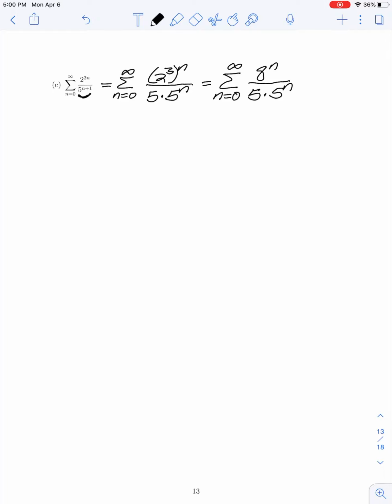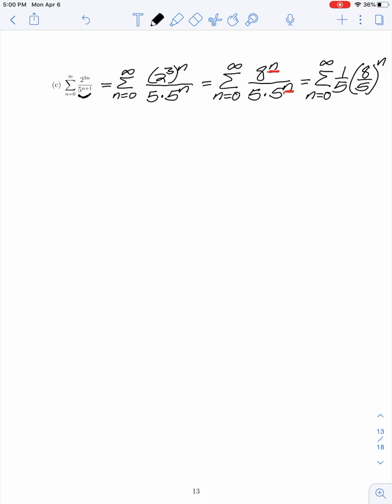So if we group the two terms that are being raised to the nth power together as a single ratio, we're left with the sum from n equals 0 to infinity of 8 over 5 to the nth power with a constant of 1/5 out in front.